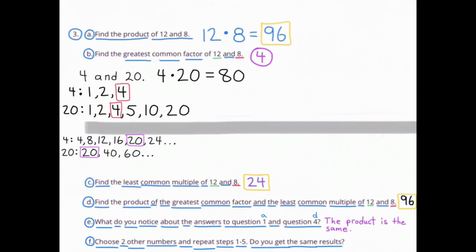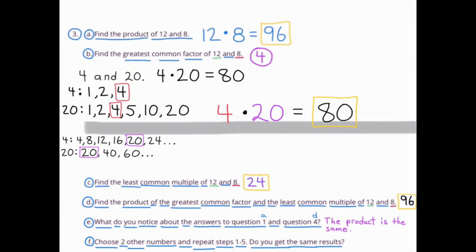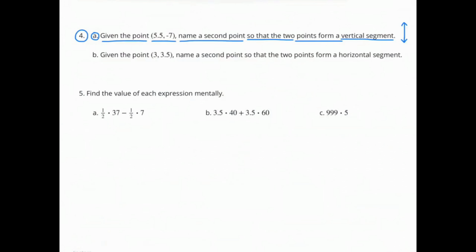The least common multiple for 4 and 20 is 4. The greatest common factor for number 4 and number 20 is 20. The product of 4 and 20 is 80. So yes, I got the same answers as I did before. The product of 4 and 20 is the same as the product of the greatest common factor of 4 and 20 and the least common multiple of 4 and 20.